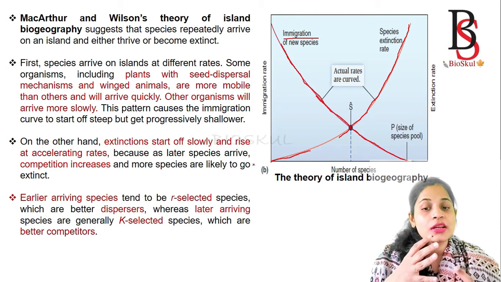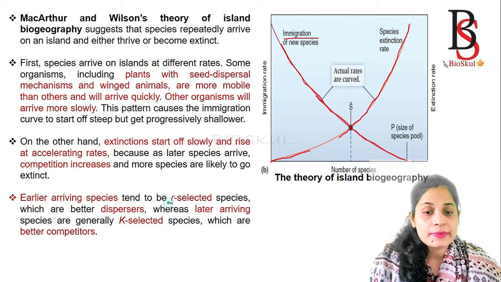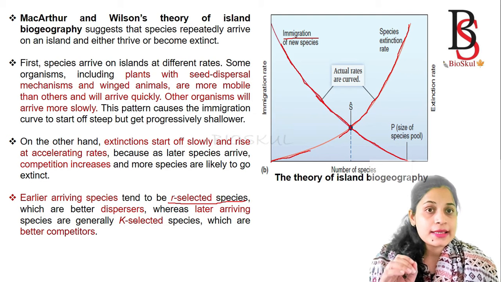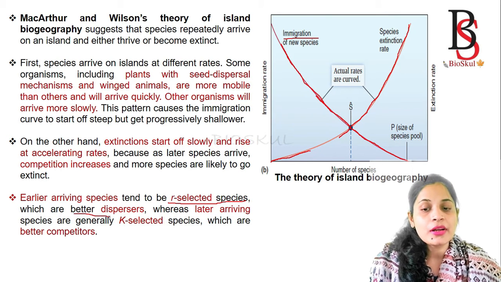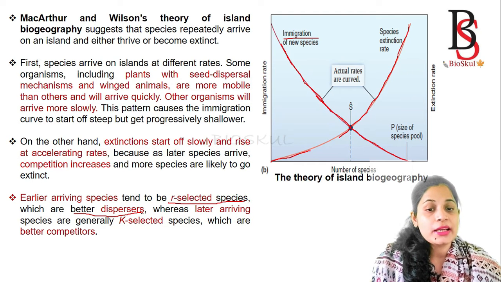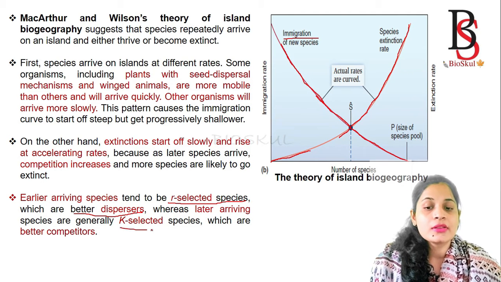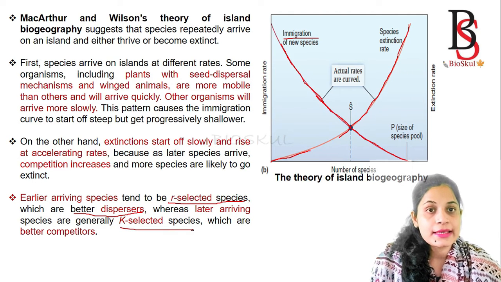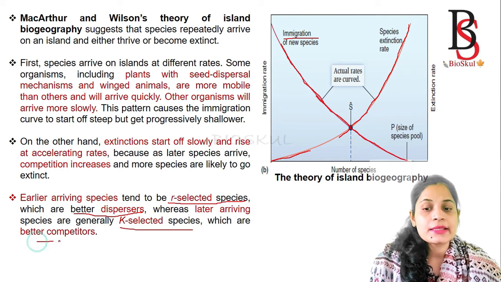The species which arrive earlier are known as r-selected species, and r-selected species are the better dispersers. The species which arrive later on an island are known as K-selected species, and K-selected species are the better competitors.